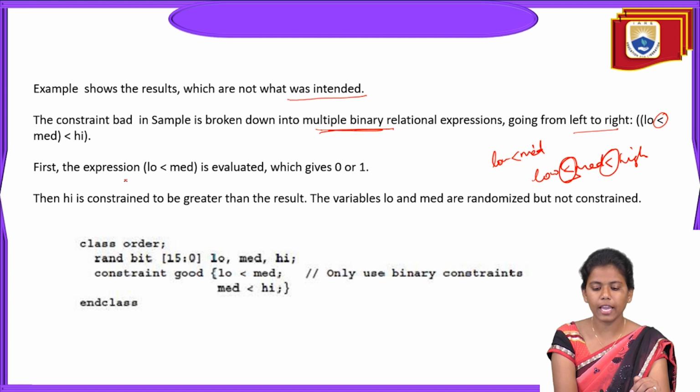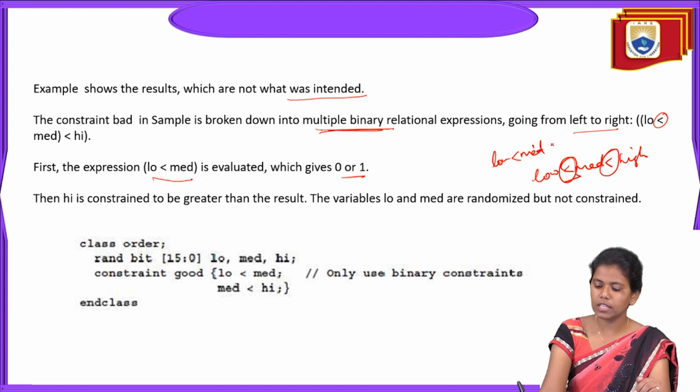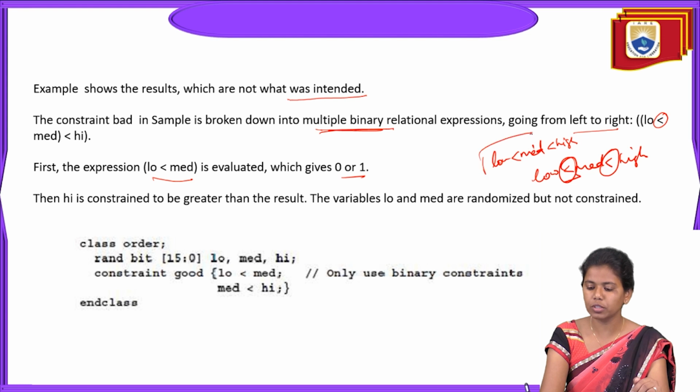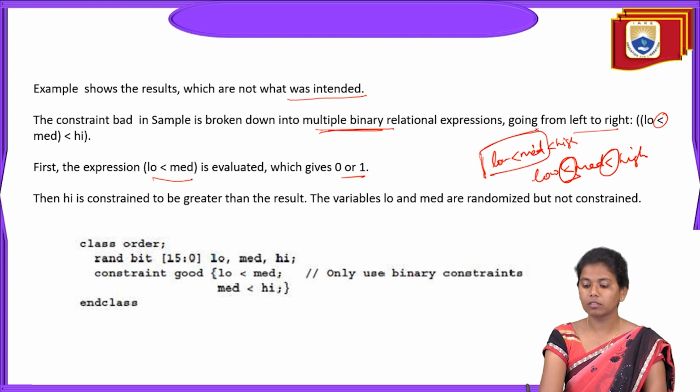Then the expression low less than medium is evaluated, which gives 0 or 1. From this expression, first we go with low less than medium. This is evaluated first, and then medium less than high is evaluated second.